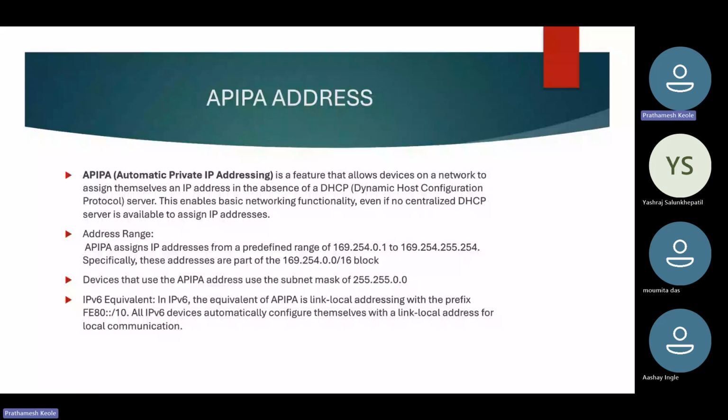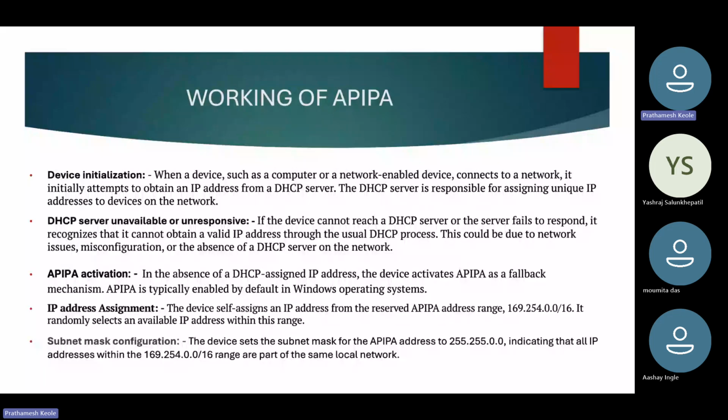So this is the working of APIPA. We'll go into the detail in the next slides. The first is device initialization. When a device such as a computer connects to a network, it attempts to obtain an IP address from a DHCP server.